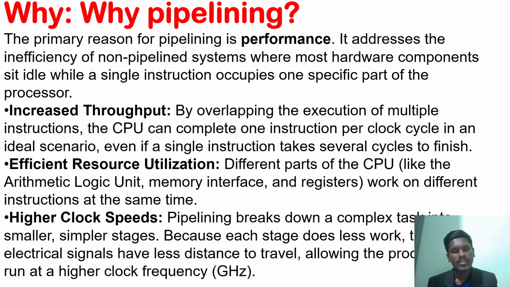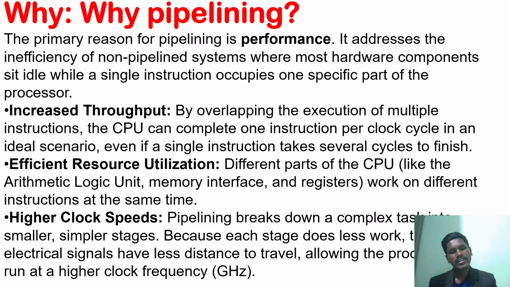Since the CPU is multitasking, we feel it is fast, but it actually executes only one instruction at a time. So it increases efficient resource utilization. Different parts of the CPU like the ALU and memory interface registers work on different instructions at the same time.